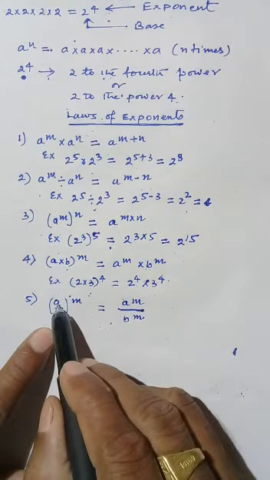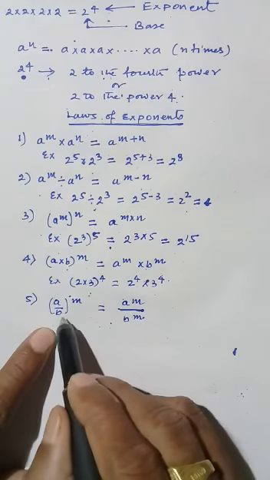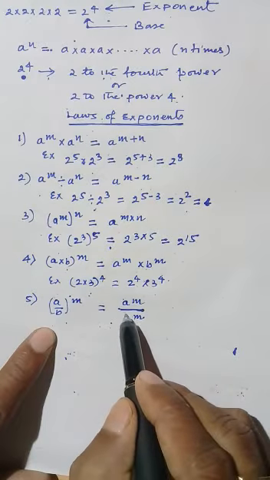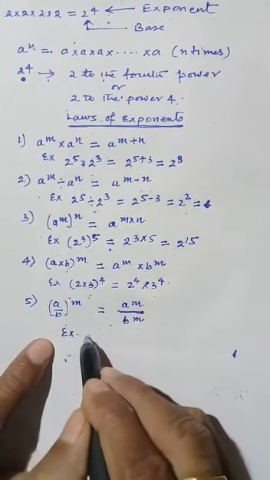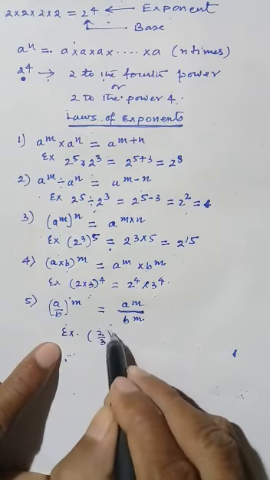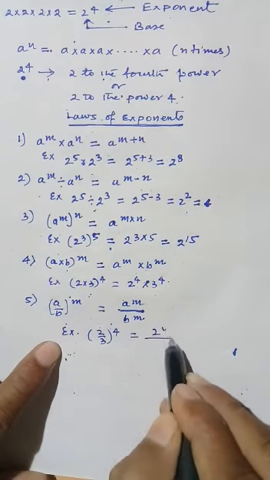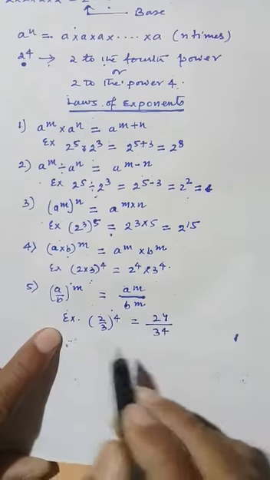Here a will carry power m to become a to the power m, and b will also carry power m to become b to the power m. Example, 2 by 3 to the power 4 is equal to 2 to the power 4 divided by 3 to the power 4.